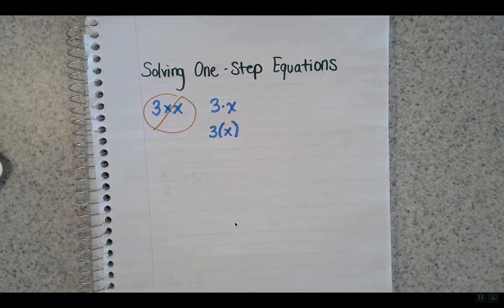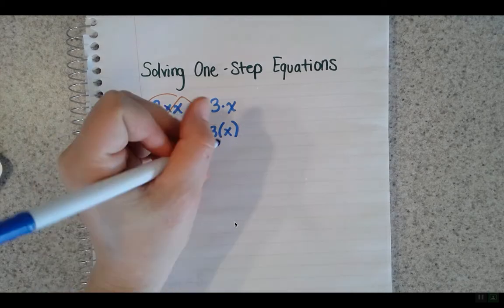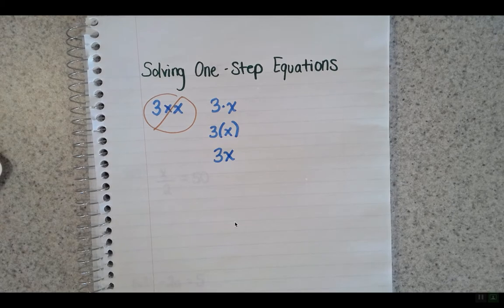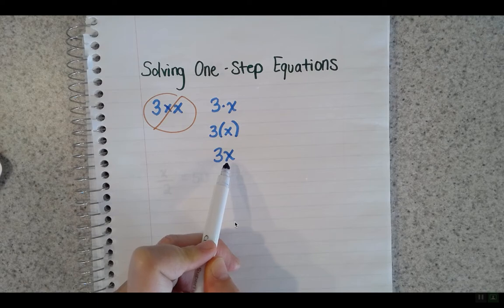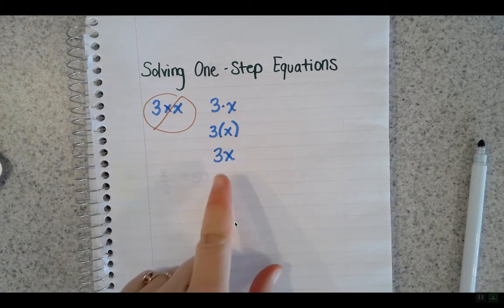And probably the most common way you'll see this problem written in algebra is just simply 3x. A number and a variable side by side does mean multiply. Technically there is an invisible multiplication sign in between those.